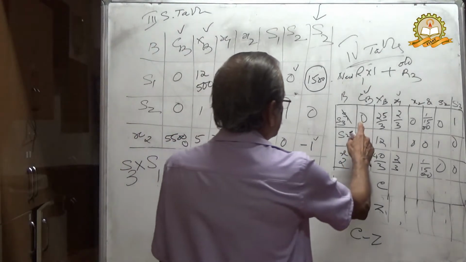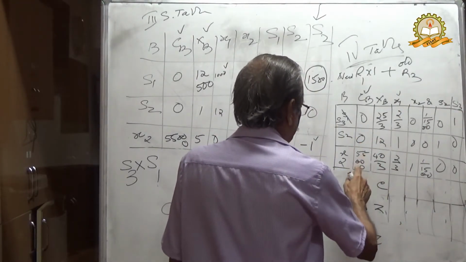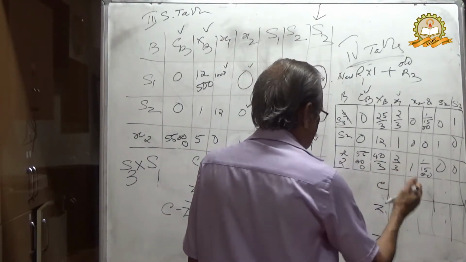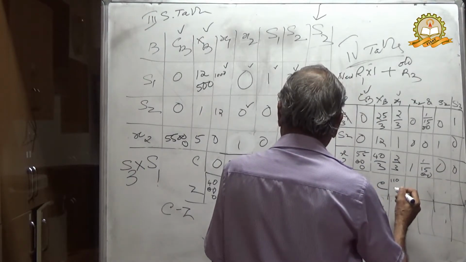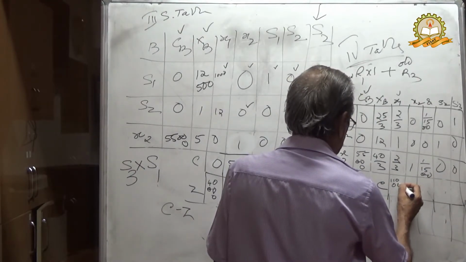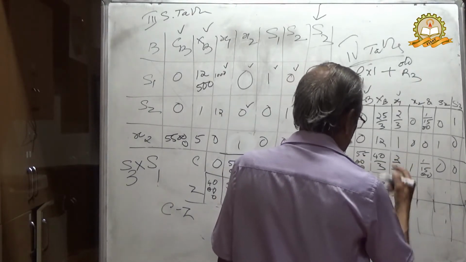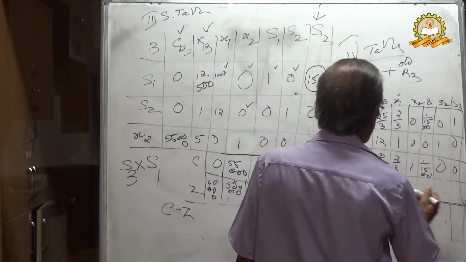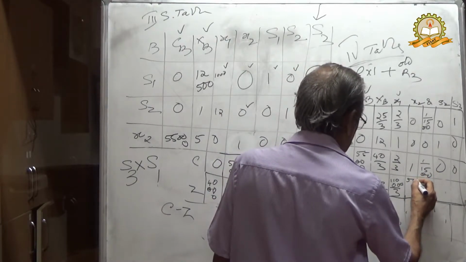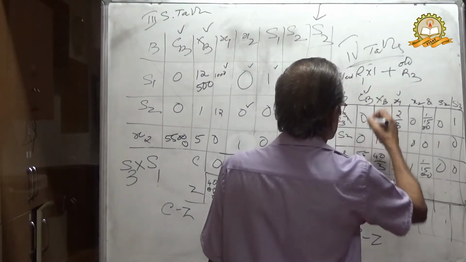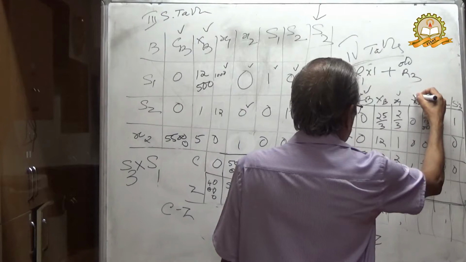Therefore, you can write 0 into 2 by 3 plus 0 into 1 plus 55,000 into 2 by 3. Therefore, you have 1,10,000 divided by 3, 55 into 2 and 3 more zeros. Then in x2 you have 55,000, that is cb into column x2.